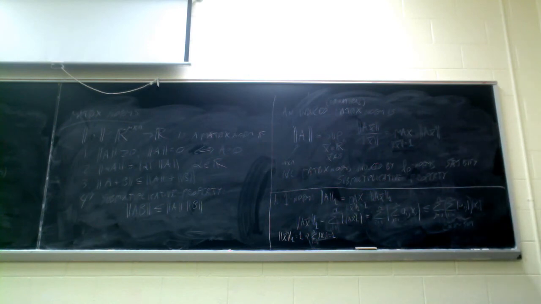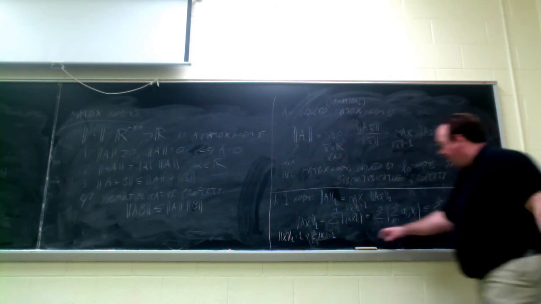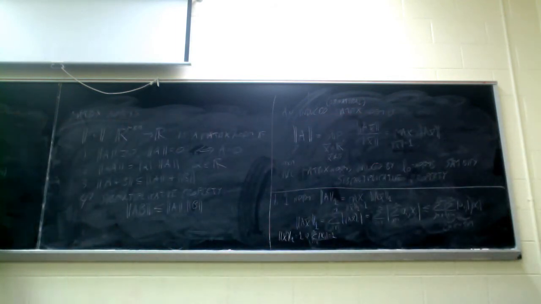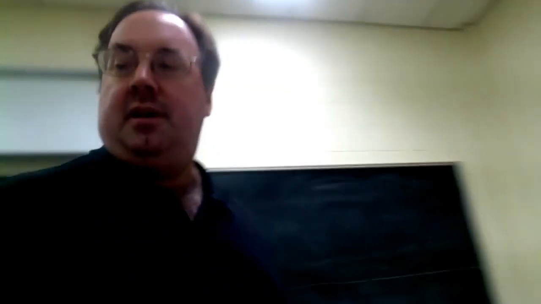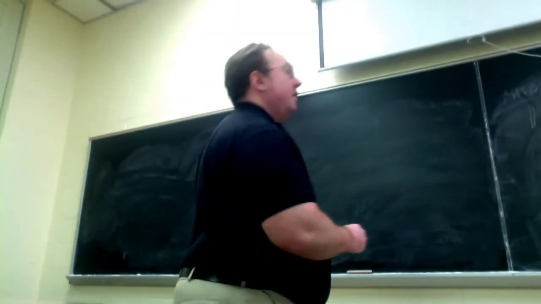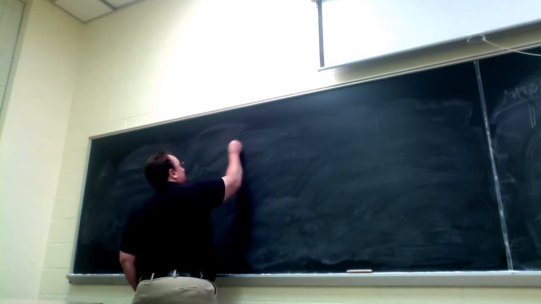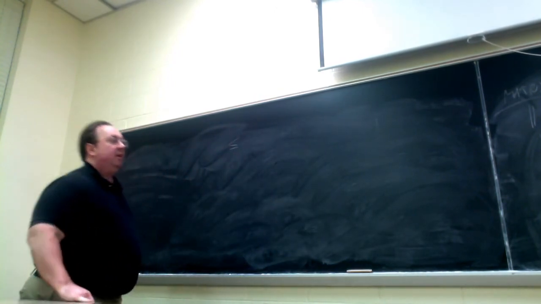I'm taking the sum of the absolute values of all the entries in column j, and then multiplying that by x_j.